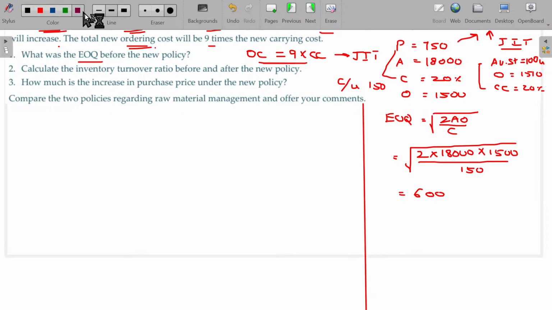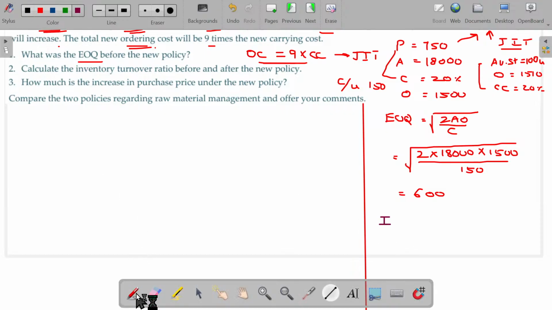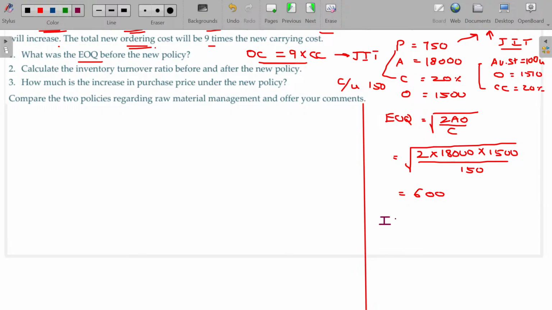What is the formula for ITR? ITR, inventory turnover ratio, is equal to raw material consumption by average stock. Raw material consumption or cost of goods sold, you can take any one of them, or sales.